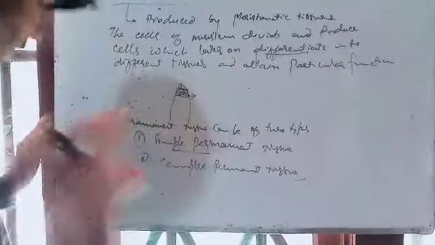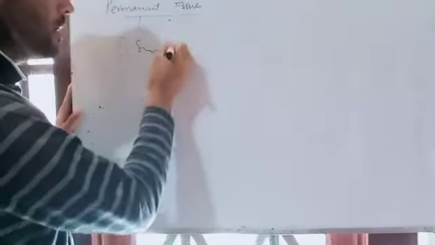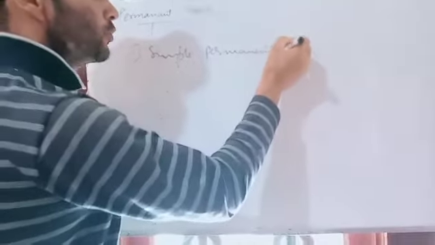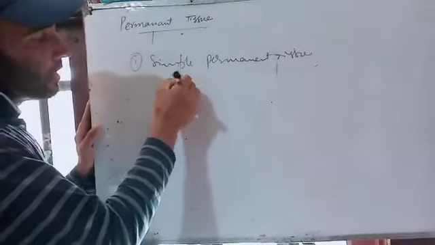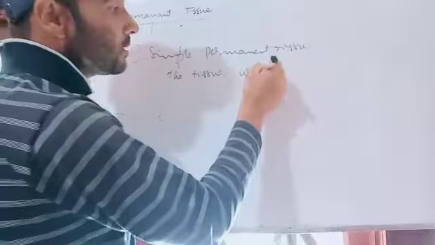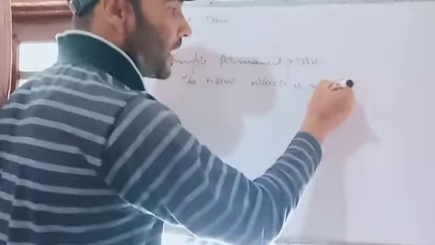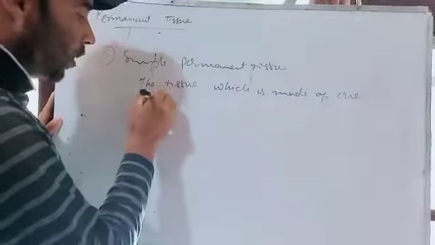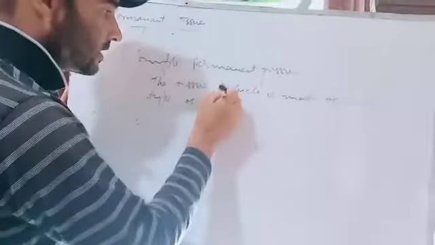The simple permanent tissue is a tissue which is made of one type of cell, or a single type of cell.